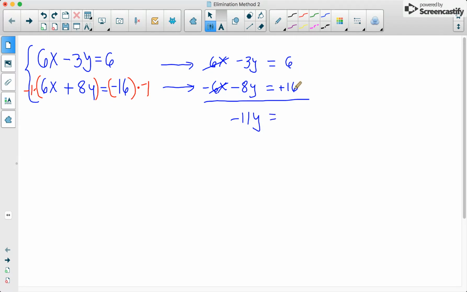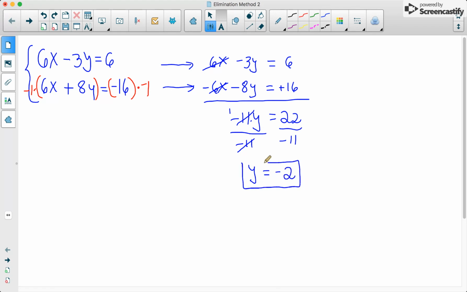And 6 plus 16, it would give me 22. Then, since the negative 11 is multiplying the y, to get rid of it, I'm going to divide by negative 11. We need to pay attention to the signs. So negative 11 divided by negative 11 will give me 1. So 1y equals 22 divided by negative 11, which gives me negative 2.